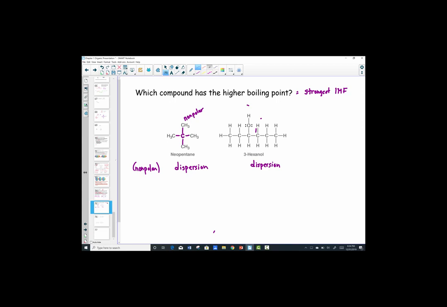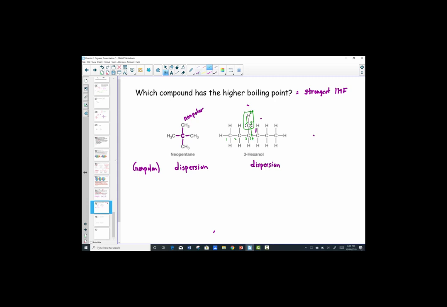However, in this other molecule called 3-hexanol, on the third carbon, we see this hydroxyl group, OH. We know that this is a polar bond, making the oxygen very electron rich, the hydrogen electron deficient, and the carbon electron deficient. Those are partial positive signs on the carbon and on the hydrogen.